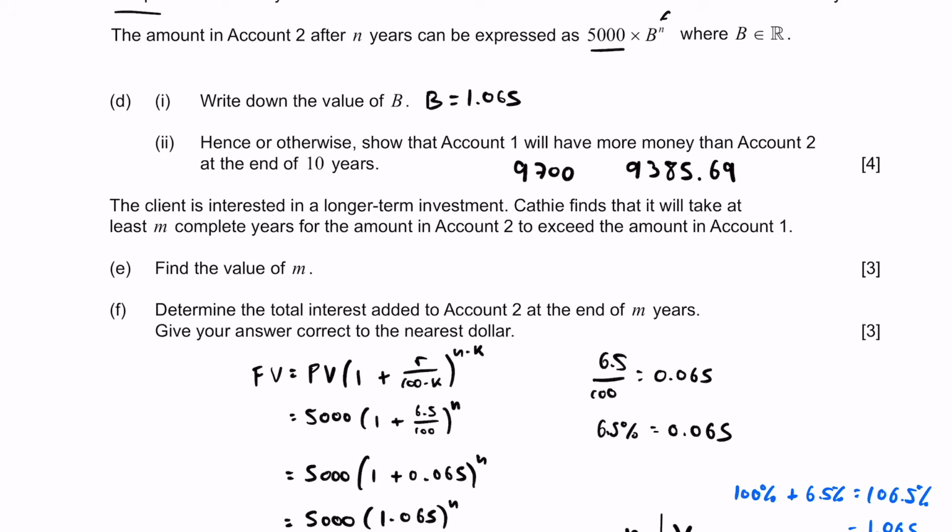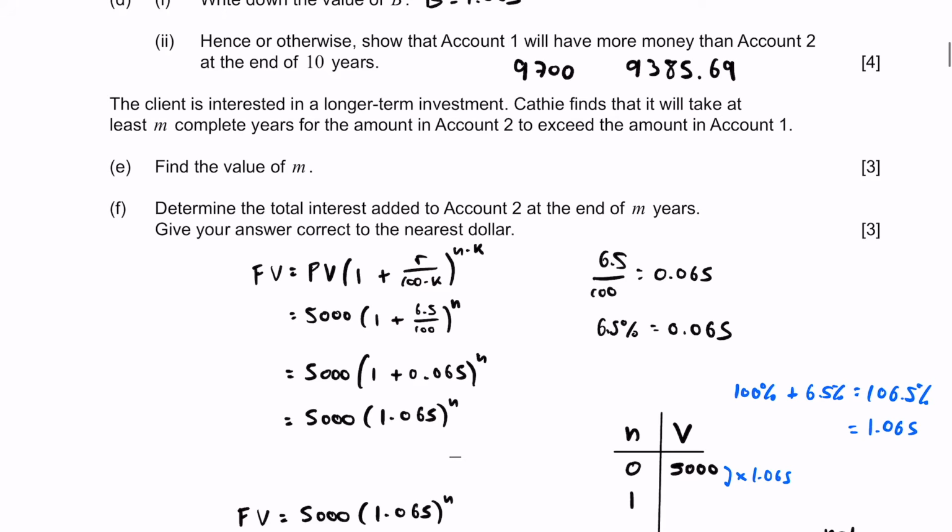Let's keep going. The client is interested in a longer-term investment. Kathy finds that it will take at least m complete years for the amount in account 2 to exceed the amount in account 1. Part E asks us to find the value of m, and it's a 3-mark question. So there's going to be some point in time where account 2 is going to have more money in it than account 1. We already have 2 equations that tell us the amount of money in an account, and it's linked to a value of n, or time.